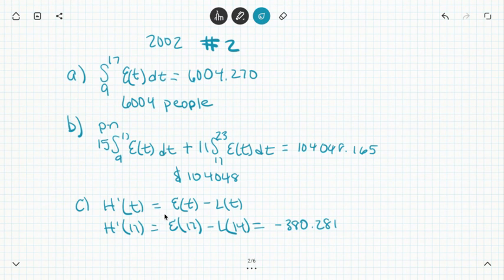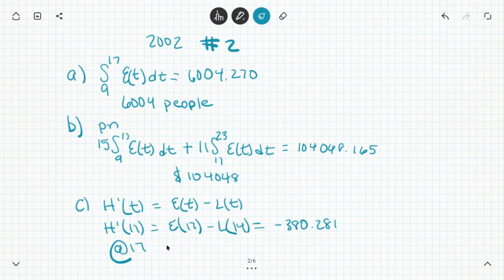In other words, the number of people in the park was decreasing at a rate of 380 people per hour at time t equals 17. Again, when you answer that question, be sure that you put at time 17. Don't leave that part out.